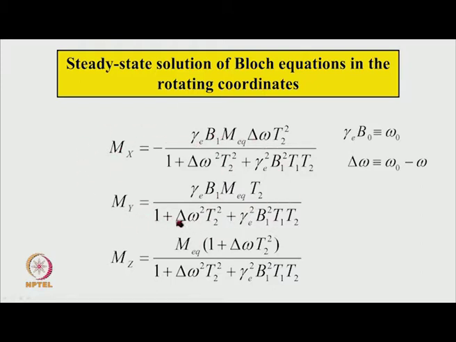The appearance is given by this magnetization as a function of the frequency of the microwave magnetic field, that is this omega. So, if I plot this, that will give the EPR line shape. As I said, usually the My component is detected, so the EPR line shape will be given by the shape of this.